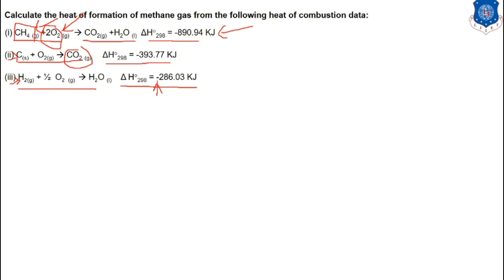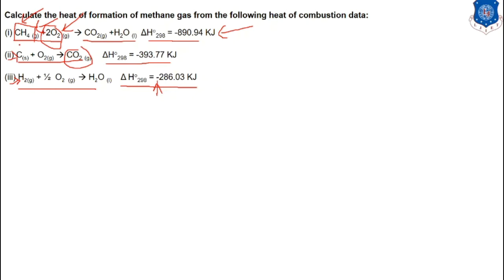We only consider heat of formation values for compounds or substances, which means molecules with two or more kinds of atoms, such as methane and carbon dioxide. So we only consider heat of formation data for the substances.